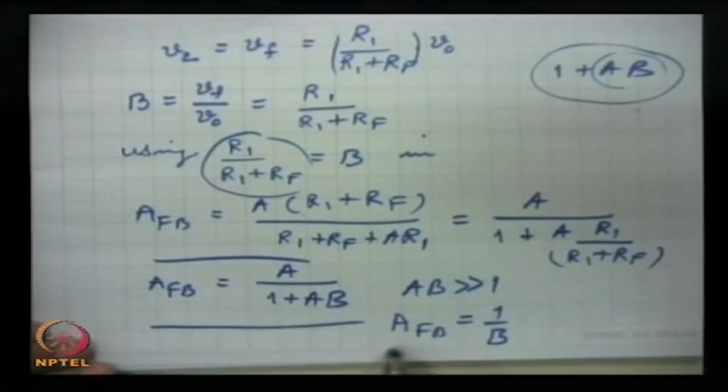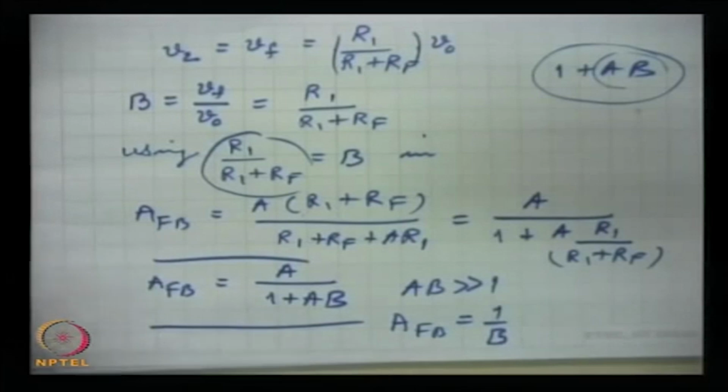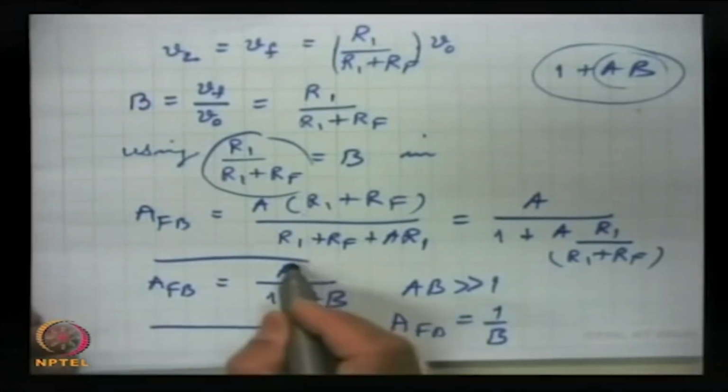But the gain of the feedback amplifier, the non-inverting operational amplifier with feedback, is stable and it simply depends on the B. Then B network is normally a few resistances.